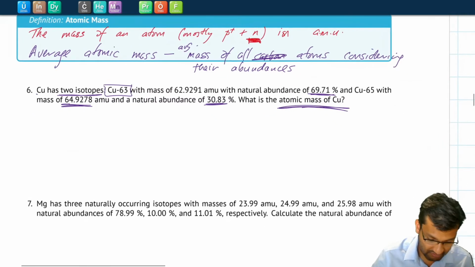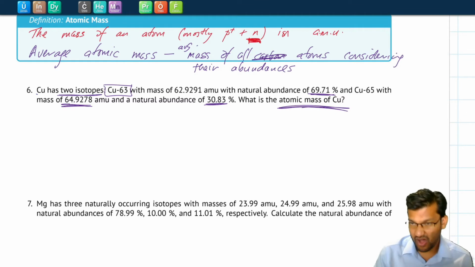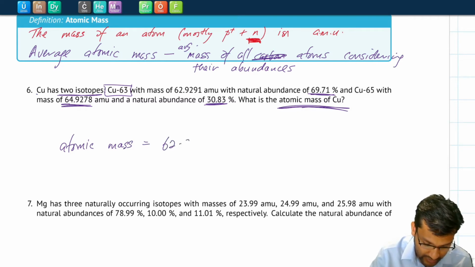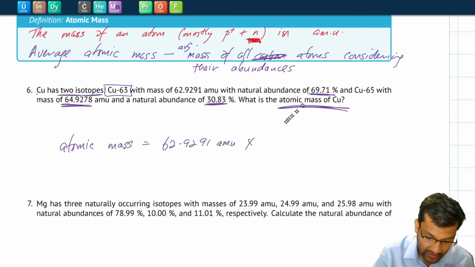Well, let's do that. All we have to do is add them up, taking into consideration their abundances. So the atomic mass should just be the mass of copper-63, which is 62.9291 atomic mass units, times the abundance of 69.71%.